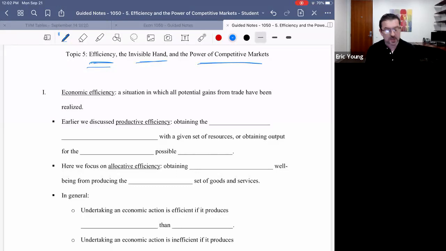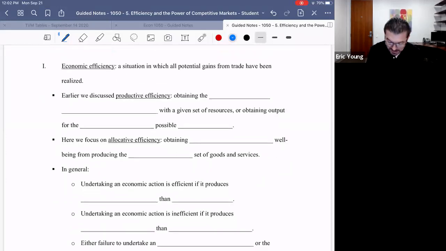Let's jump into it first with a quick overview of economic efficiency. We can define economic efficiency quite simply as any situation in which all the potential gains from trade have been realized. Again, economic efficiency basically can be seen as any time you have a situation in which all the potential gains, all the potential win-wins from trade, have been realized.